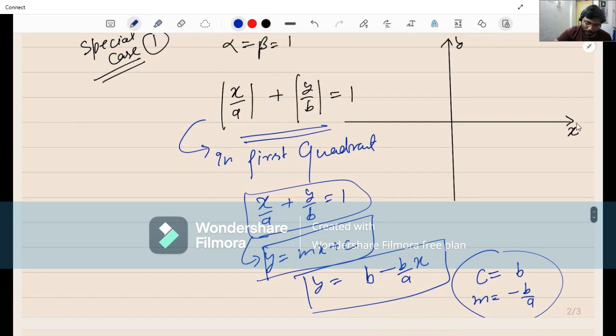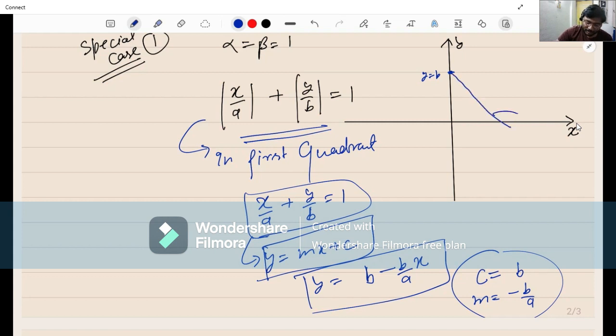Fine. So this line intersects the y-axis at the point b. So this is y equals b. It intersects at this point. The slope is negative. This means that it is making an angle of greater than 90 degrees with the x-axis. So it will look like this.